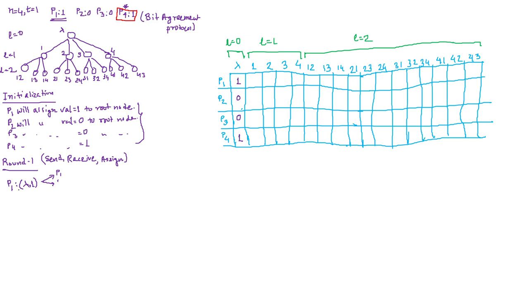That is what P1 is saying to all the parties including itself. So P1 sends this information to P1, P2, P3, P4.